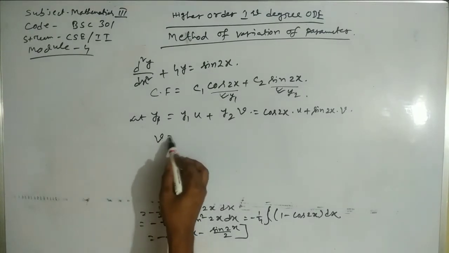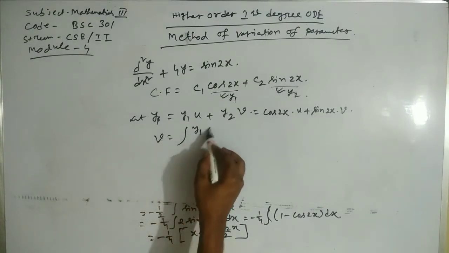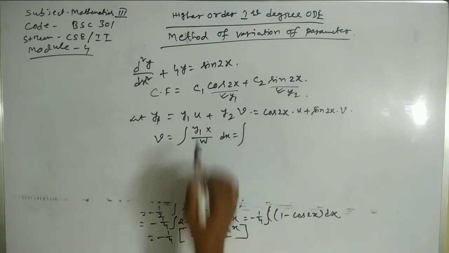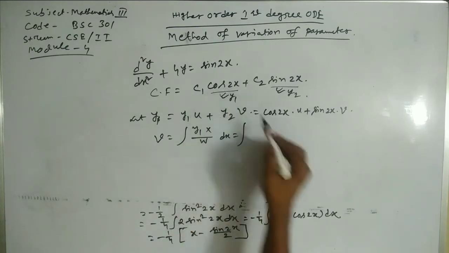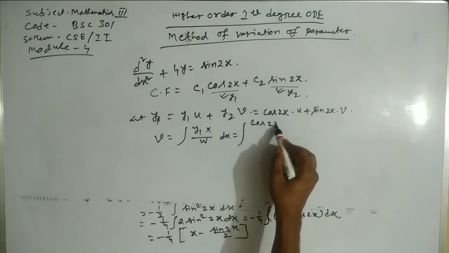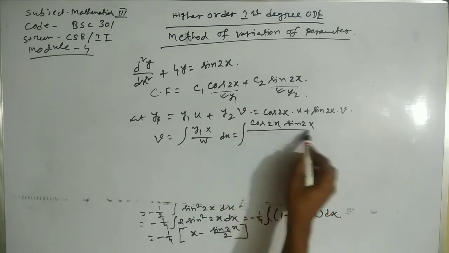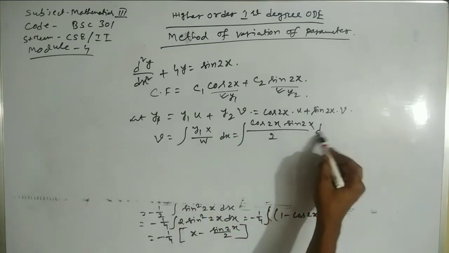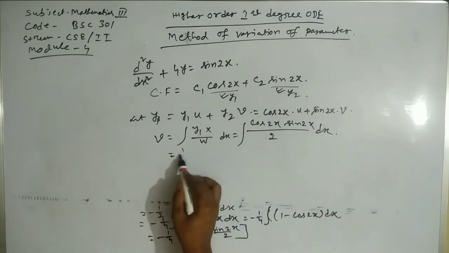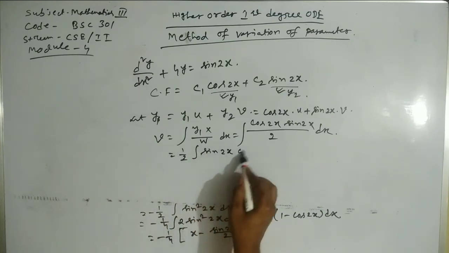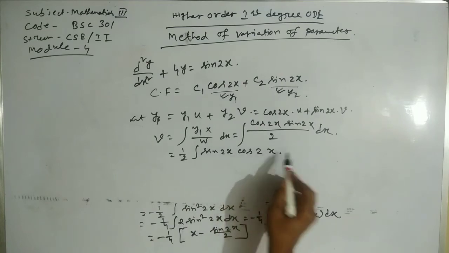So the formula of v was integration of y1 X by W dx. Here y1 is cos 2x, capital X is sin 2x, and W is 2, so it is half integration of sin 2x cos 2x dx.